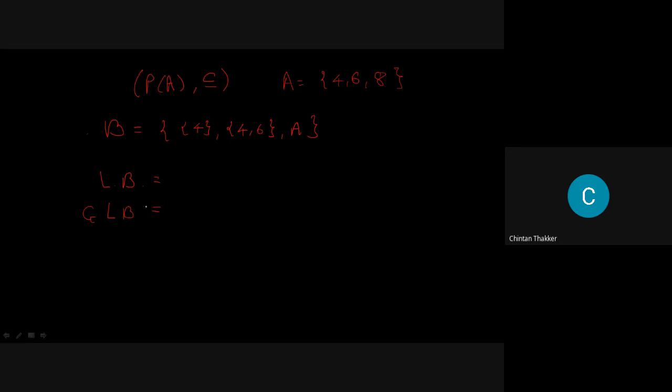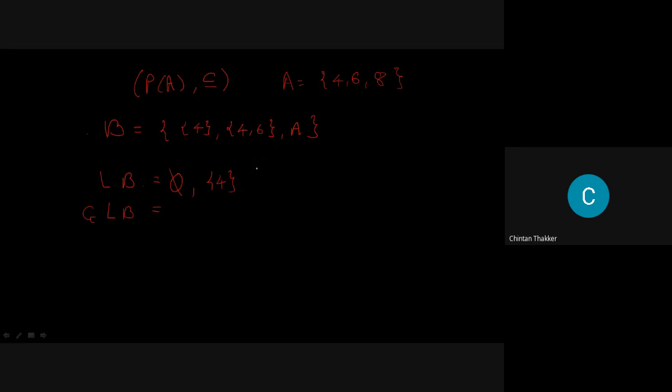So phi is a subset of singleton 4, phi is a subset of 4 comma 6, and phi is a subset of A. One lower bound is phi. The second one is singleton 4. Singleton 4 is a subset of singleton 4 itself, and also of 4 comma 6 and A. So singleton 4 is also a lower bound. Any other element? So we have just two lower bounds here.